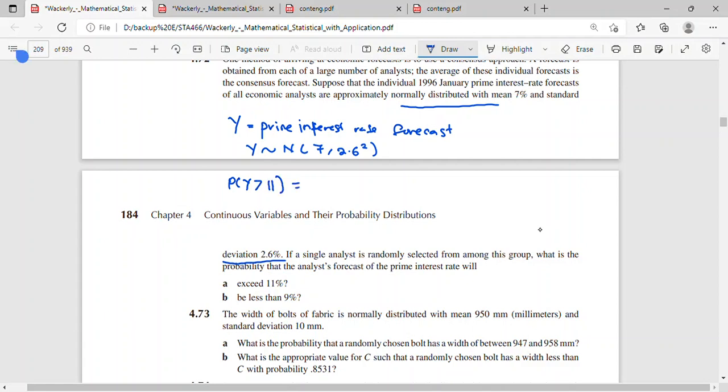Okay, so because of y ni adalah normal distribution, we can use the standard normal table. So in order to use the standard normal table, kena tukar y kepada z by minus the y with its mean divide dengan its standard deviation.